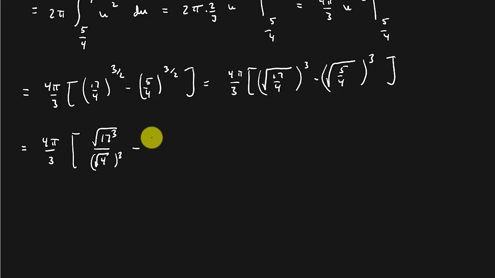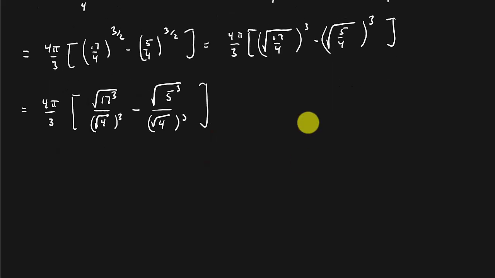And we're going to do the same thing over here, the square root of 5 cubed over the square root of 4 cubed. Remember from algebra, a to the m over n is equal to the nth root of a to the m, which is also equal to the nth root of a, all raised to the m. So on the numerators I used this one, and in the denominators I used this one right here.